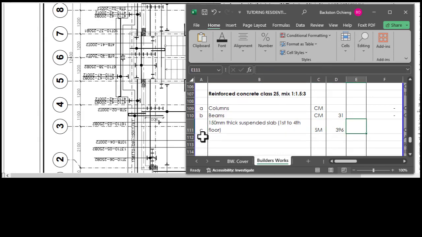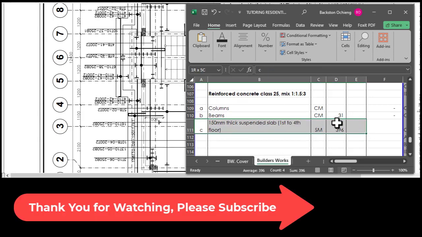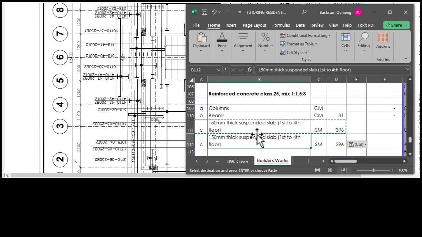Okay, so we can copy this. Once we copy that, we just paste it here. This is now 150 millimeters thick. Let's confirm the thickness. This is also 150. So we can put 150 millimeters thick suspended slab, or we can talk about suspended roof slab.